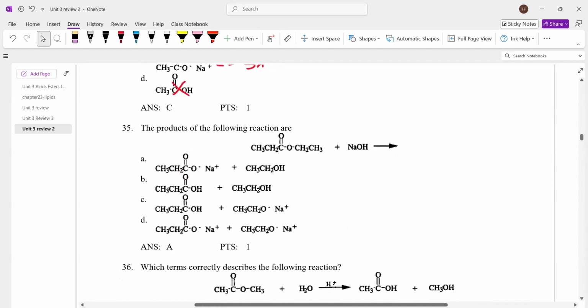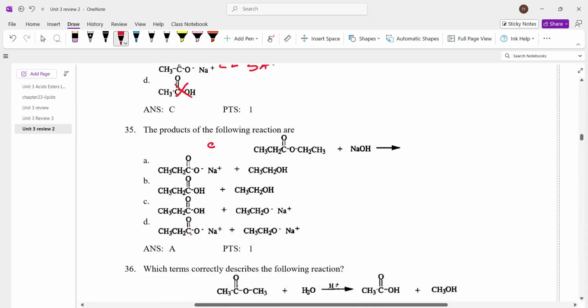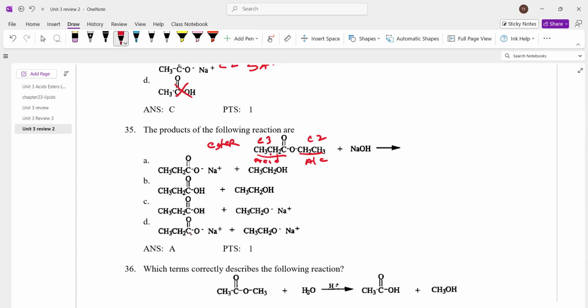Okay, again, we have an ester. Okay, so that's 3 carbon, 2 carbons. So this is the alcohol, that's the acid end. So first of all, which one of these has a 2 carbon alcohol? Two carbon alcohol right there. And this is 2 carbon.